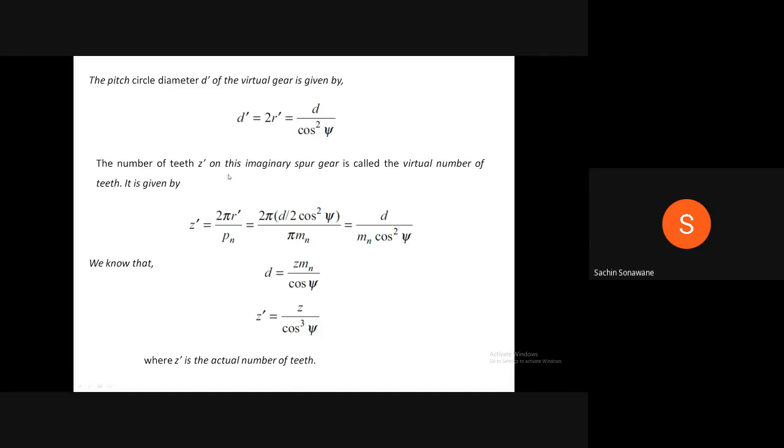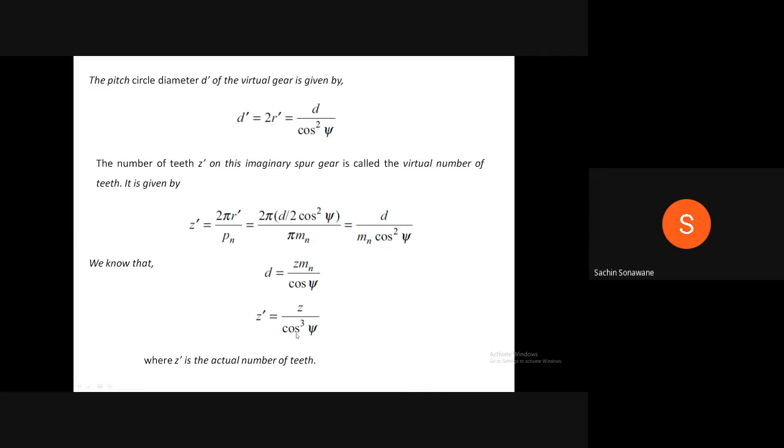The number of teeth z dash on this imaginary spur gear is called the virtual number of teeth, and it is given by z dash is equal to 2 pi r dash divided by pn, which is equal to 2 pi into bracket d divided by 2 cos square psi, divided by pn, where pn is equal to pi into mn, which is equal to d divided by mn cos square psi. We know that d is equal to z mn divided by cos psi. Therefore, substituting the values, mn gets cancelled.